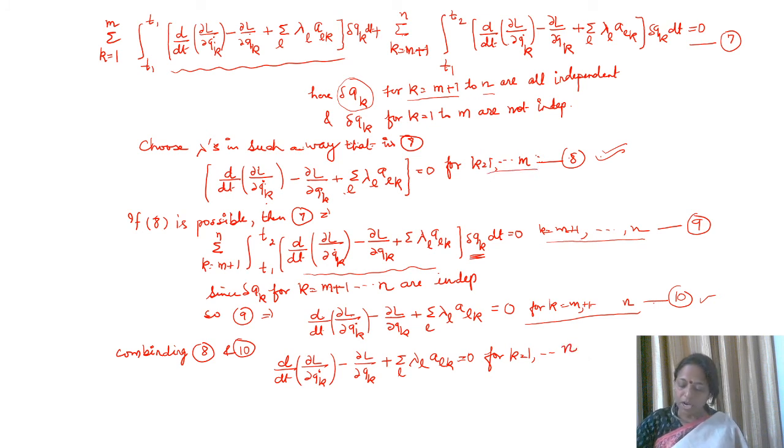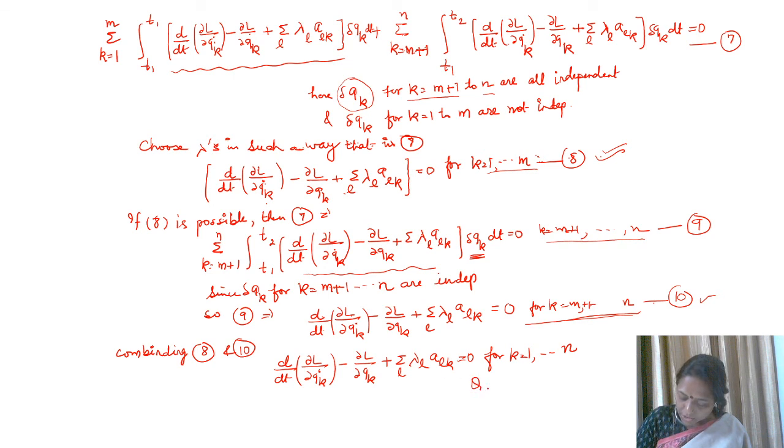From 1 to m it was true here, and from m plus 1 to n it is true here. Combining both, we get one equation. You see, this is Lagrange's equation when undetermined multipliers, Lagrange's multipliers, are used.